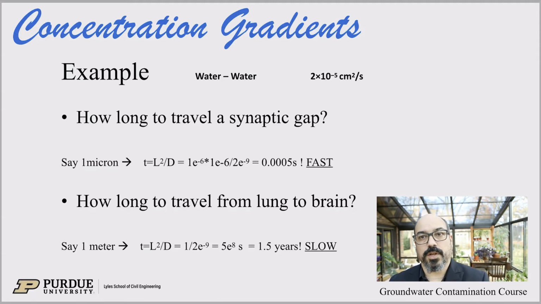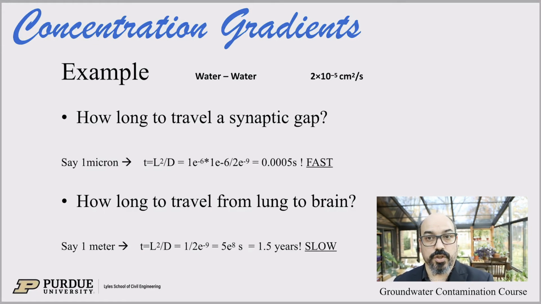We want a time scale out of it. So 1 over meters squared per second is seconds per meter squared. And now to eliminate the meter squared, you take the relevant scale, in this case 1 micron from the synaptic gap, square that, and find the answer. So for 1 micron, it's 1 e minus 6 meters times 1 e minus 6, length squared, divided by 2 e minus 9.